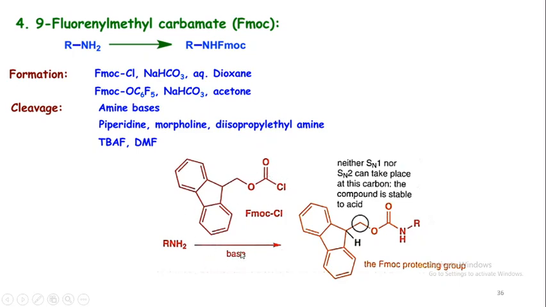Here in presence of base, this is converted into this group. That means here the Cl is removed and the RNH group is attached to this, that is the 9-fluorenylmethyl carbamate, that is FMOC, and it can be deprotected by using amine bases like piperidine, morpholine, then tetrabutylammonium fluoride.